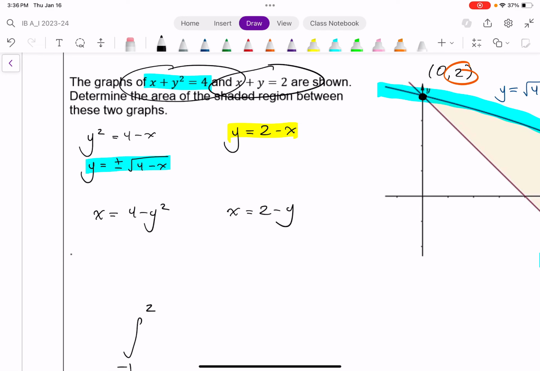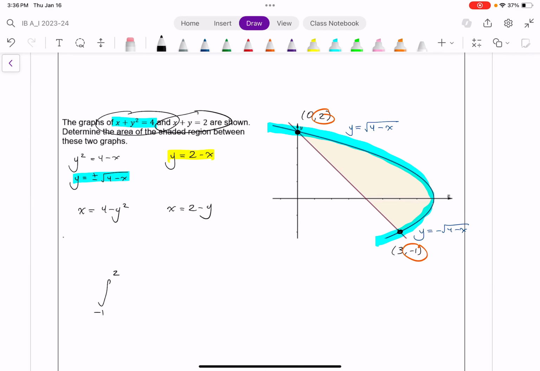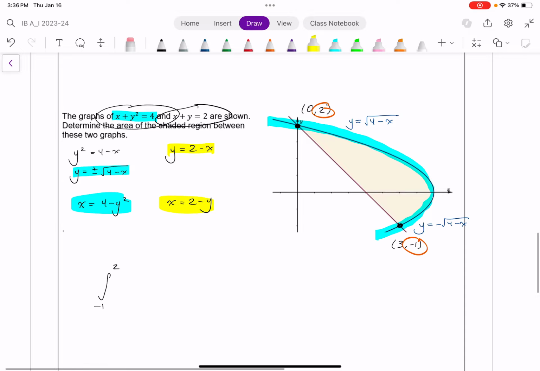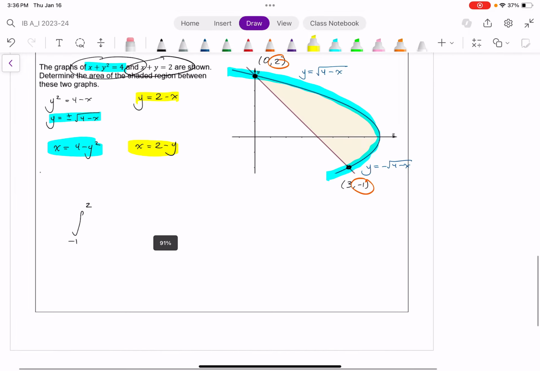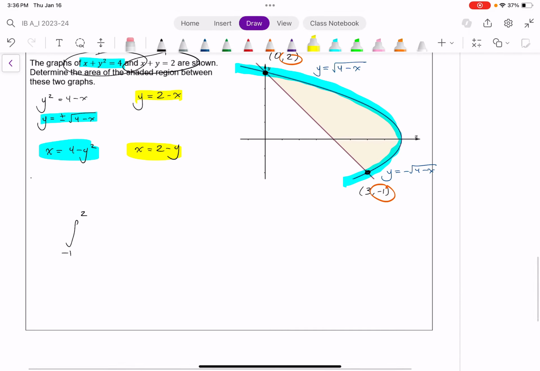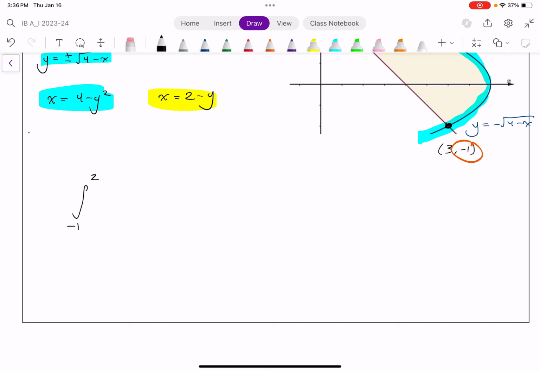And so I want to imagine this function here minus this function here. And so in terms of y, I'm looking at a lower bound of -1 up to a higher bound of 2 of 4 minus y squared minus (2 minus y).